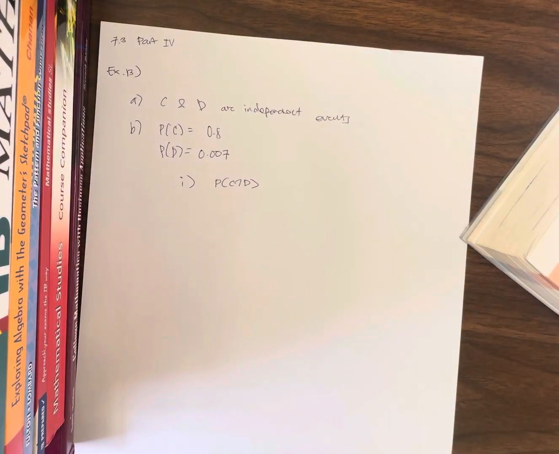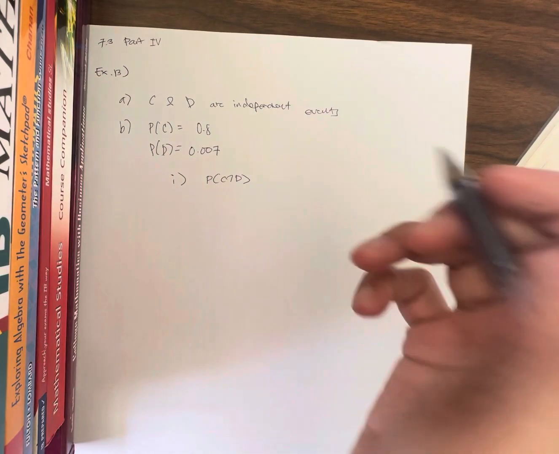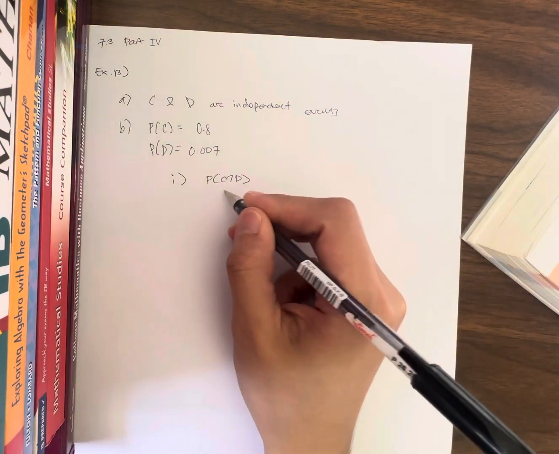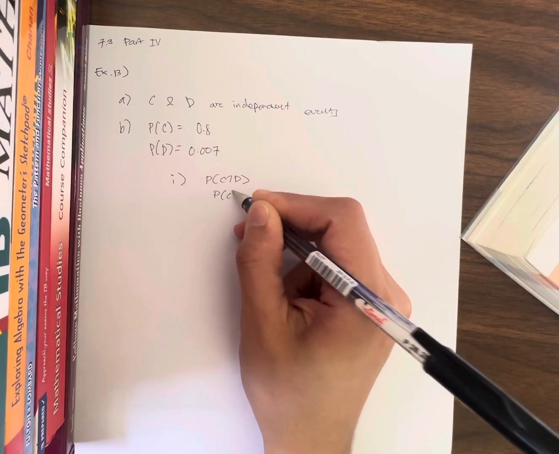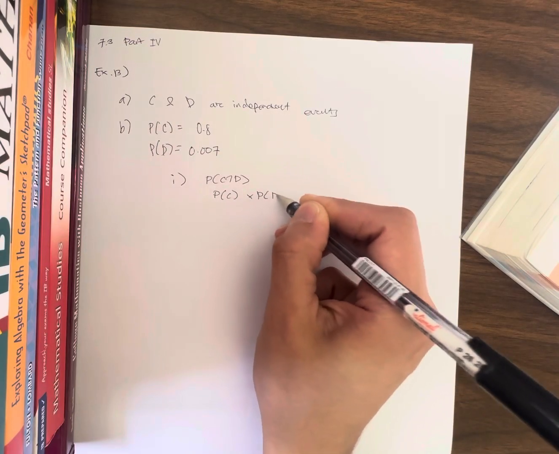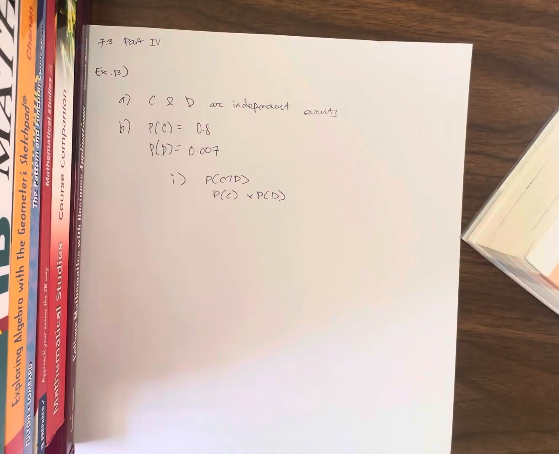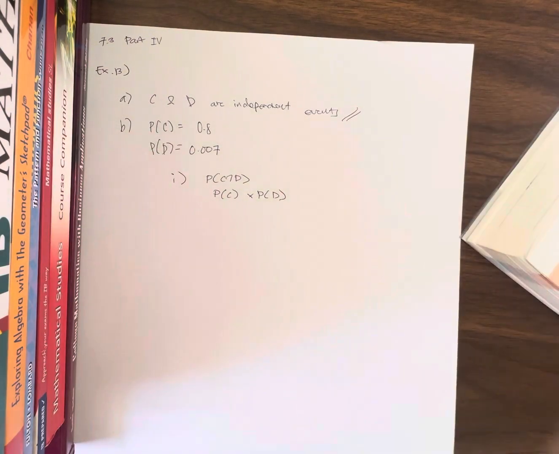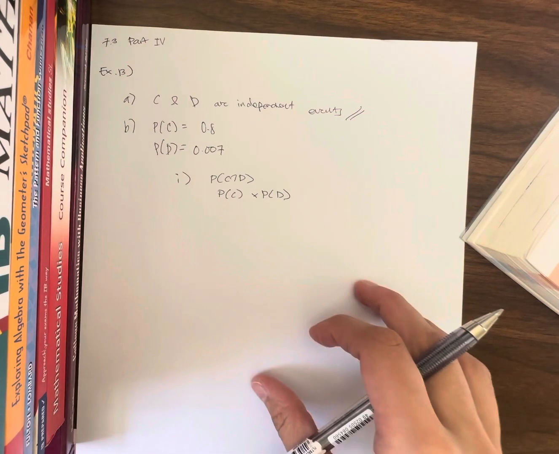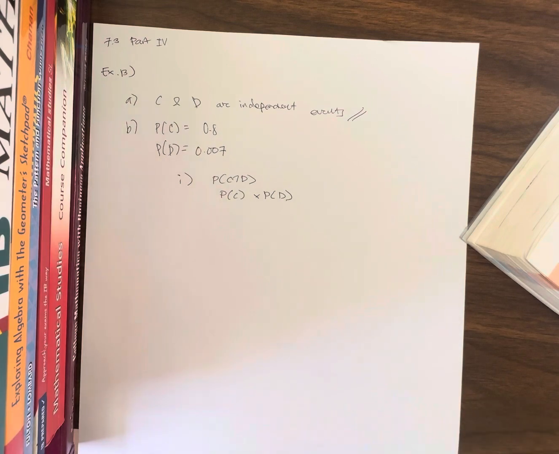Well, to do this, because your events are independent, we are allowed to perform the following. We can simply multiply the probability of C times the probability of D, again, only because we are absolutely certain that they are independent. You cannot do this if the events are not independent.